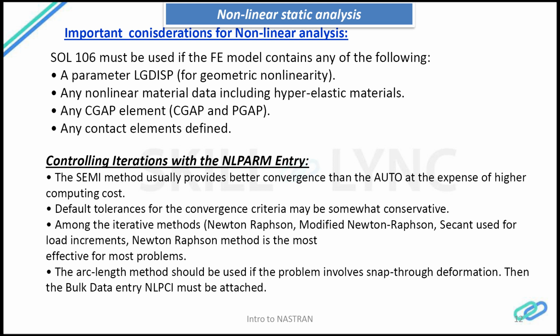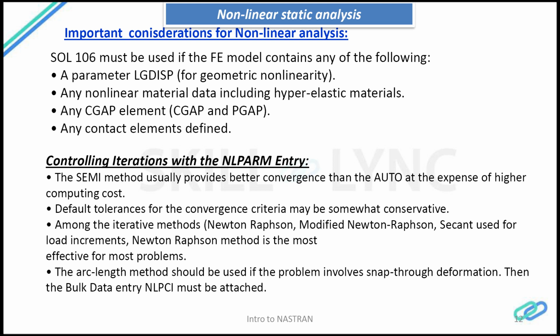And in terms of controlling the iterations with NLPARAM within the nonlinear command entry, we have the SEMI method, which provides better convergence than the AUTO method. The AUTO method is the automatic increment of the loading, when the FE tool itself calculates how many increments are needed and what kind of increment is needed, and the SEMI method is the opposite version of the AUTO method.